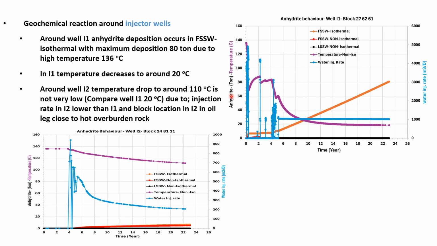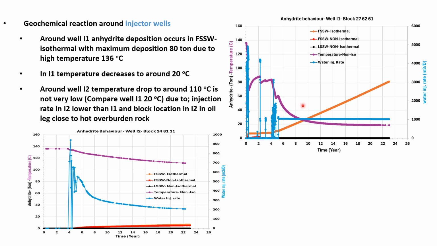Here, this plot shows us the geochemical reactions around the injector wells. We have two injector wells, well I1 and I2. Around well I1, anhydrite deposition occurs in full sulphate and isothermal only, with a maximum deposition rate of about 80 ton due to the high temperature.